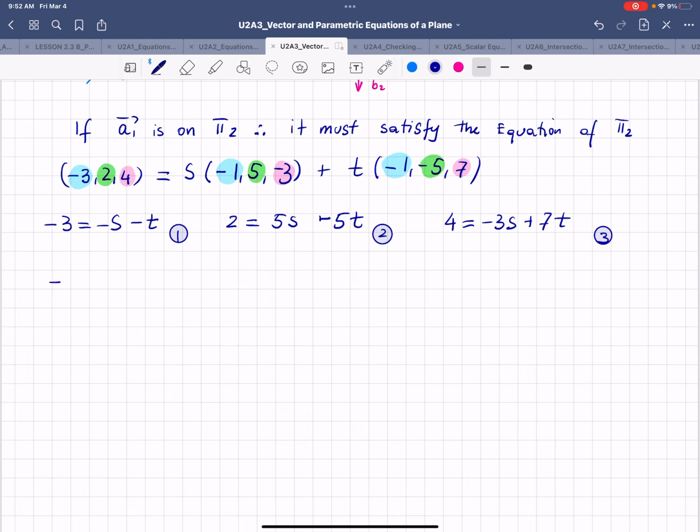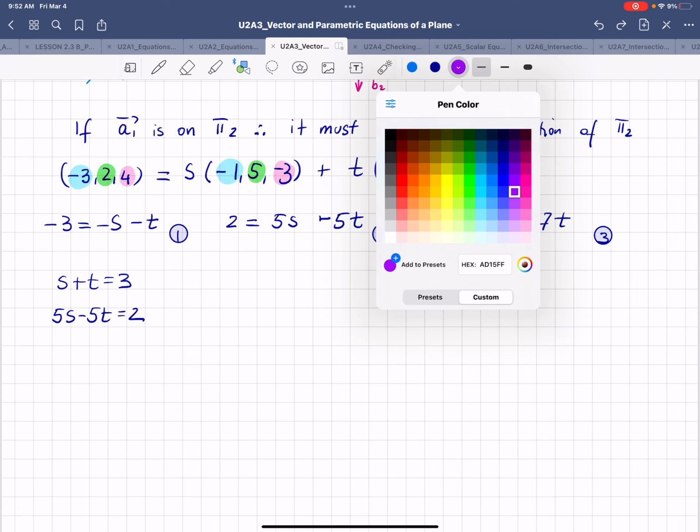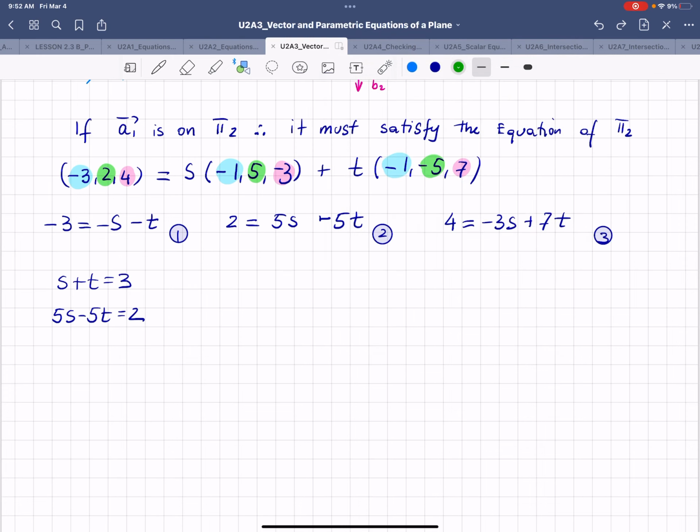So equation 1 can be written also as S plus T equals 3. Equation 2 is 5S minus 5T equals 2. I would like to solve by using the elimination method, which means that I will need to multiply the first equation by 5. So this will give 5T plus 5S equals 15.